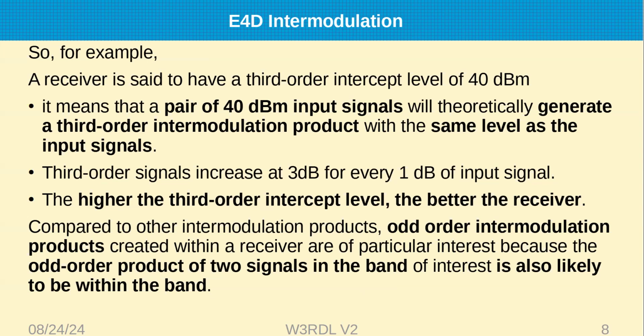So when they get up to 40, this third order product is going to be up to 40 because it increases at a faster rate: 3 dB for every 1 dB of input. So it's basically 3 times the rate, or twice the rate faster. So the higher that number is, the better your receiver. If you're comparing radios, the one with the highest third order intercept is a better receiver than the other one as far as third order intermodulation.